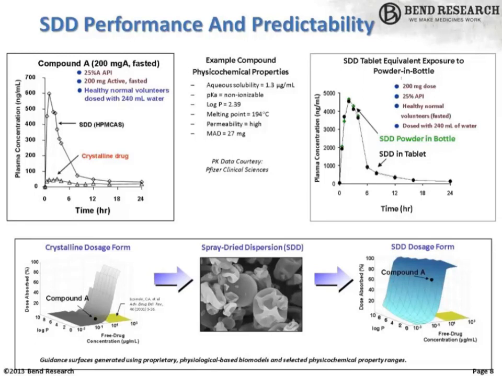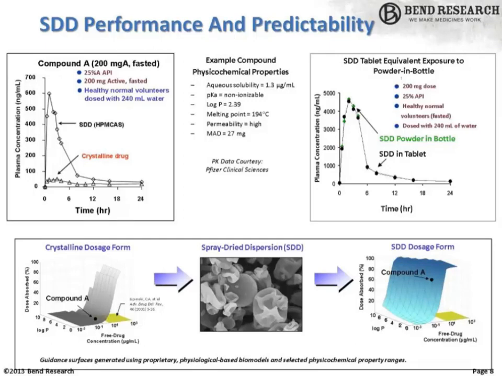However, the prediction is then made, not changing the log P, of course, because that's a physicochemical property of the compound, but the aqueous solubility, which can be increased due to the amorphous form of the compound in a dispersion, and also the dissolution rate, which is also increased in the amorphous form.